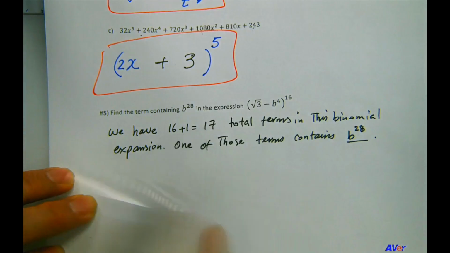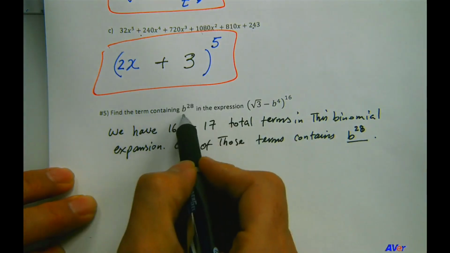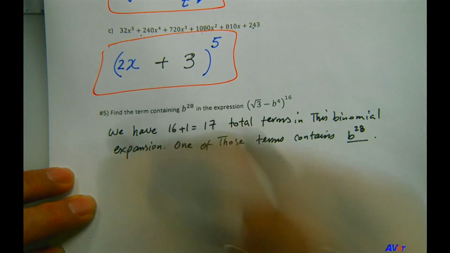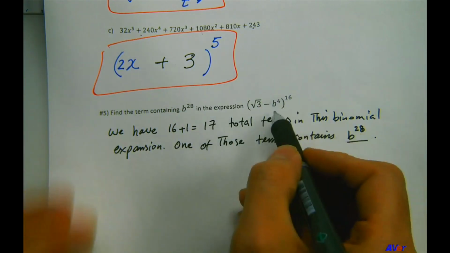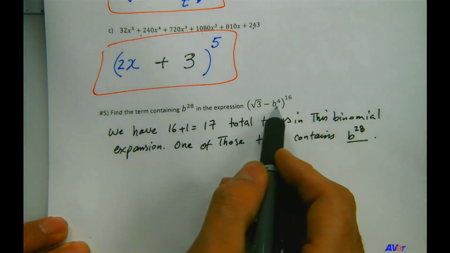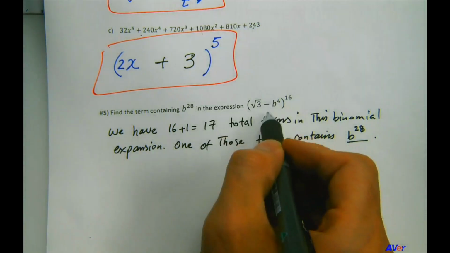We're looking for that full term. That term is not just b to the 28th power. It has other things associated with it. We're looking for the full term, and this is part of it. Okay? So let's look at the binomial itself.